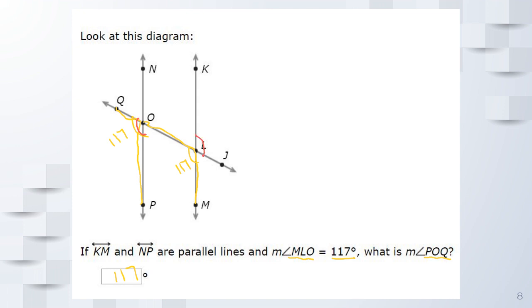And those would be the same size. And then angle JLK, which is this one here, would be vertical angles to angle MLO, which means that they would be the same size. So we still have tools to use to figure out if they would be congruent.